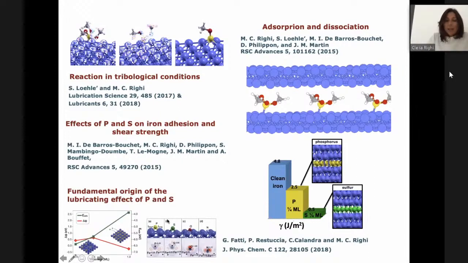Finally, we studied the electronic properties of these interfaces and found that the lubricating capability of these elements lies in their electronic properties, as they interact with iron in a different way than other elements like oxygen, nitrogen, carbon that we have considered for comparison.